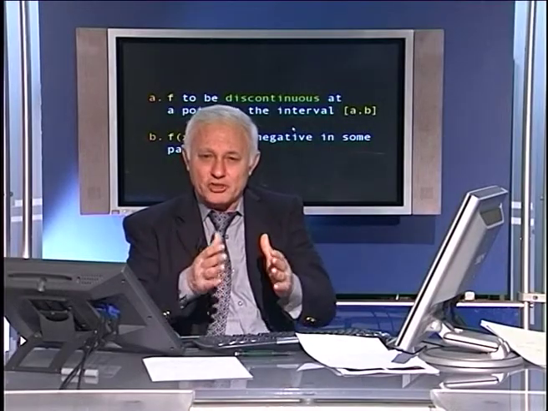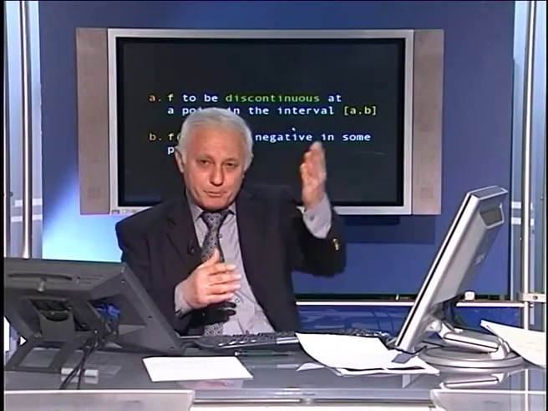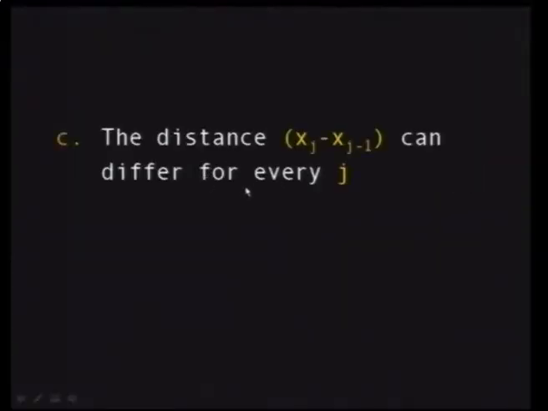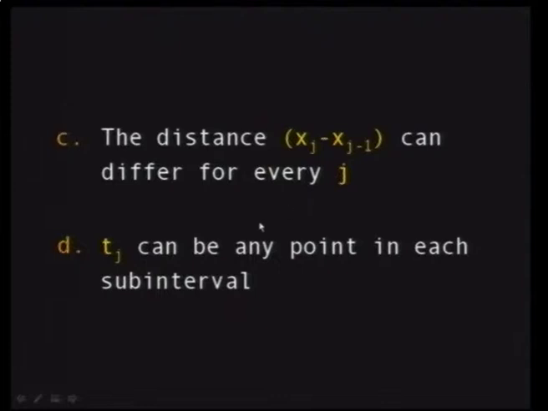In other words, you have different choices. You don't have to restrict yourself to the function being positive, like the previous theorem that we saw, or to the function being continuous. It may be discontinuous. Again, the distance between xj and xj minus 1 can differ for each j. And again, Tj, as we've seen, can be any point inside each subinterval. So you have here different choices of your f.